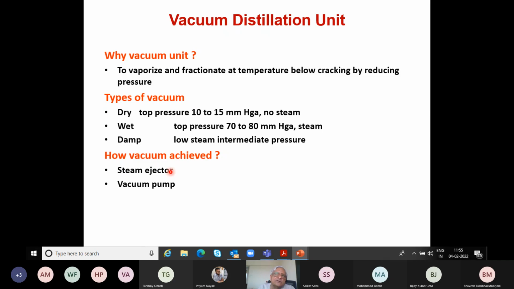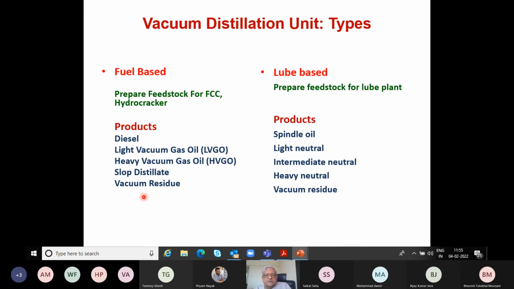If you recall your Bernoulli's theorem, there's a relationship between delta P and velocity, so it works on that principle. Also, you could have a vacuum pump, which sucks the vapors out from low pressure to atmospheric pressure.